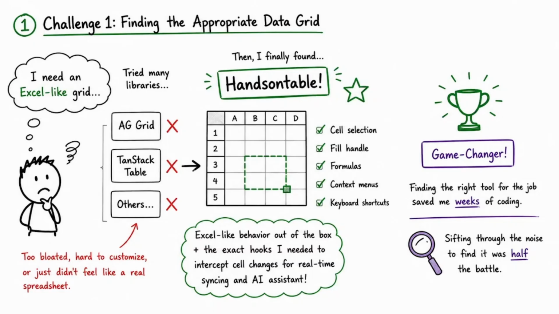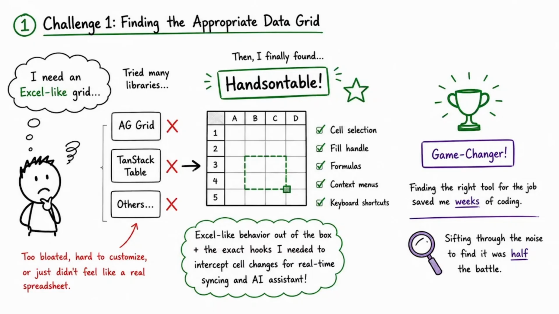Then I finally found Handsontable. It was a total game changer for this project. Unlike the others, Handsontable is specifically designed to look, feel, and act like an Excel spreadsheet. It gave me the formulas, the context menus, and the cell-level selection right out of the box.